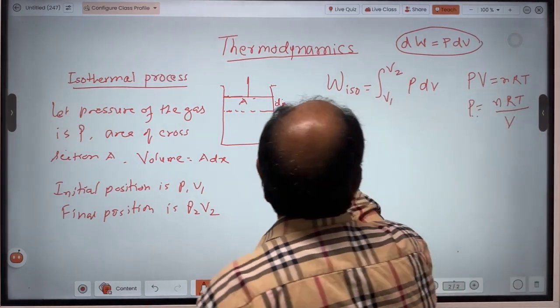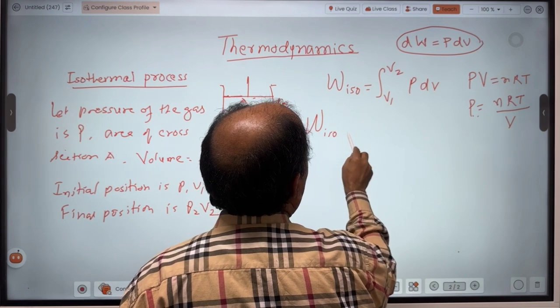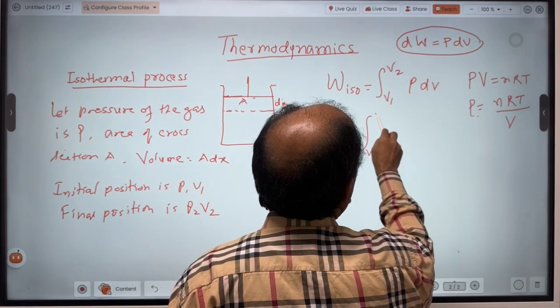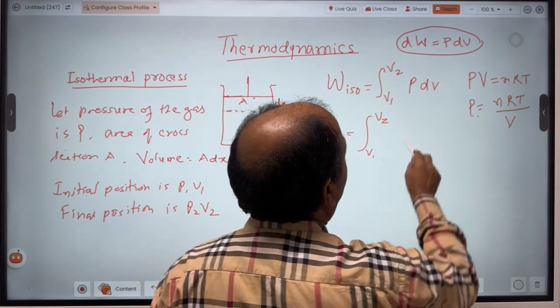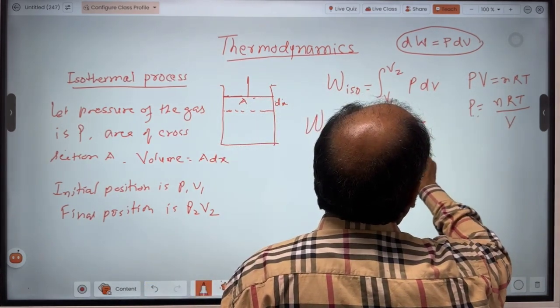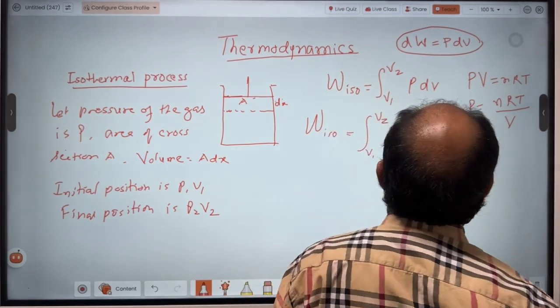We write this value here. So W isothermal equal to how much? Integration V1 to V2. In place of P, we are going to write nRT divided by V and dV, right?